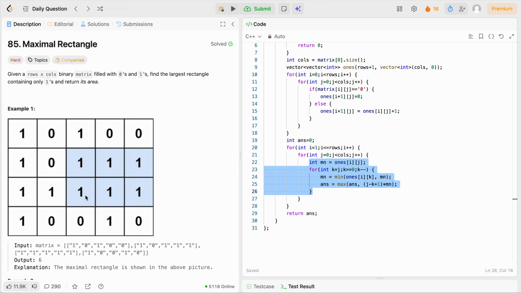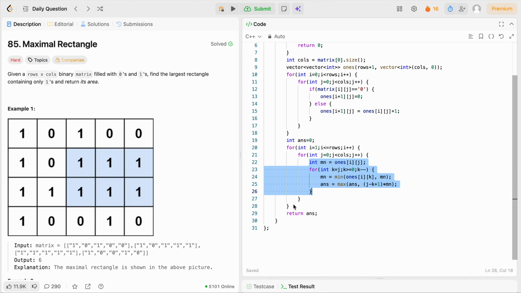If we go in this direction, because we have 0, the rectangle height becomes only 1. So the height reduces as we go in this direction, and if we have a 0 in between, then that stops the extension of the rectangle on this side.